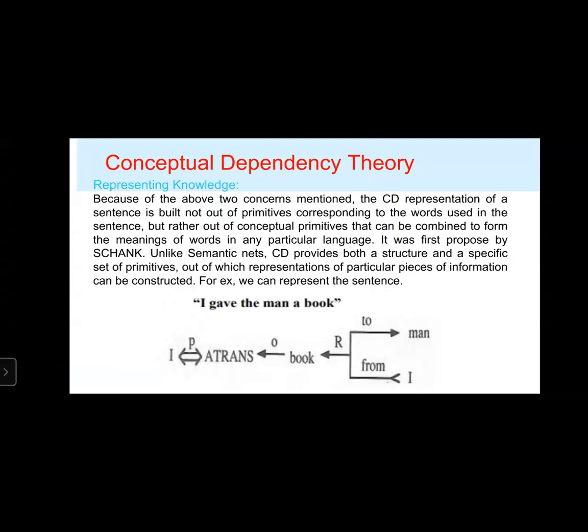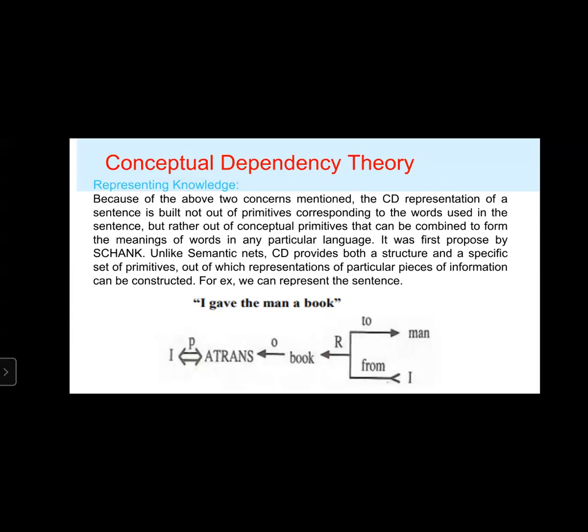Because of the above two concepts, the conceptual dependency representation of a sentence is built not out of primitives corresponding to the words used in the sentence, but rather out of conceptual primitives that can be combined to form the meanings of words in any particular language.